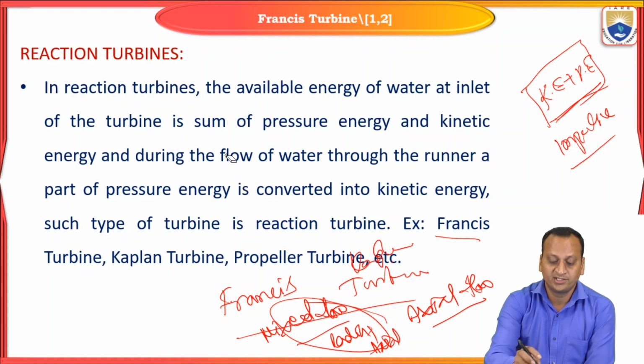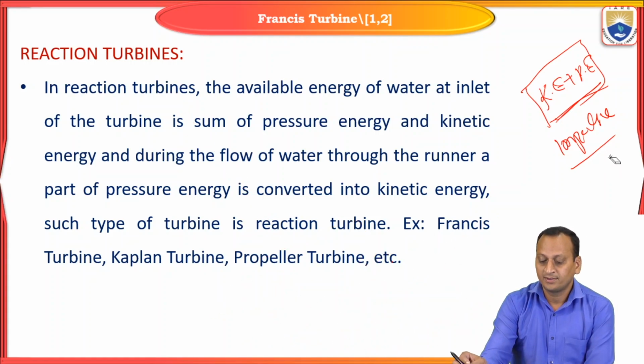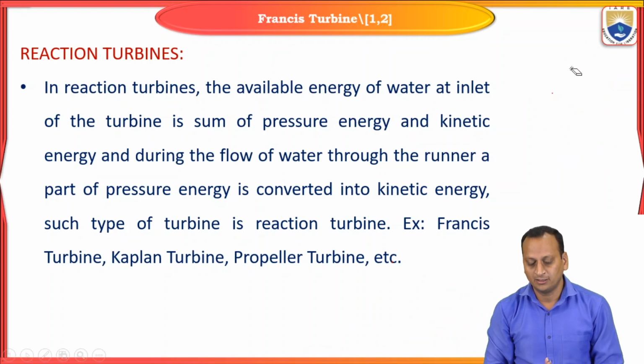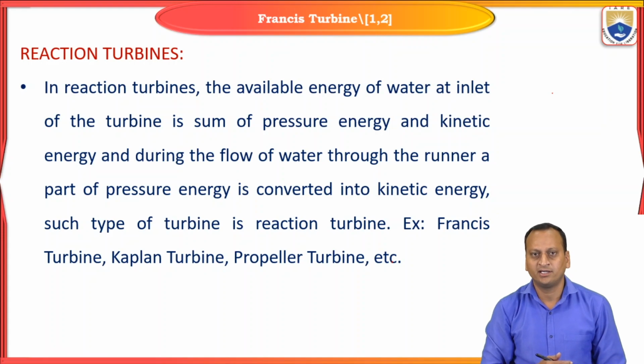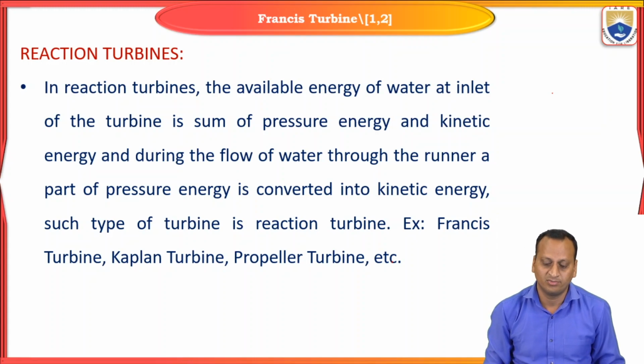A reaction turbine is one which utilizes the pressure difference of the water passing over the turbine between inlet and outlet, and that is nothing but reaction. Under reaction, based on the type of flow, there are different types of turbines.